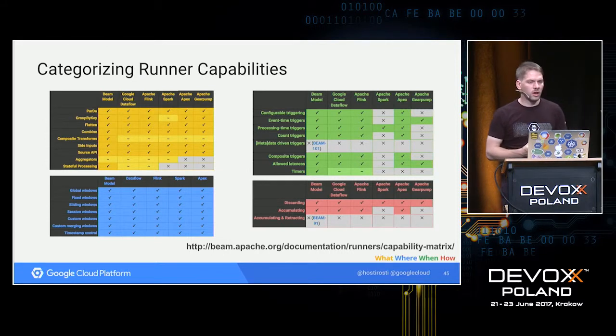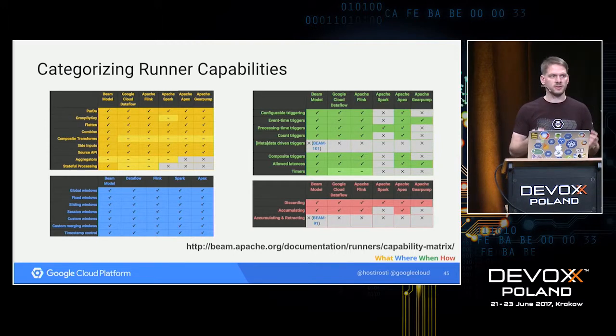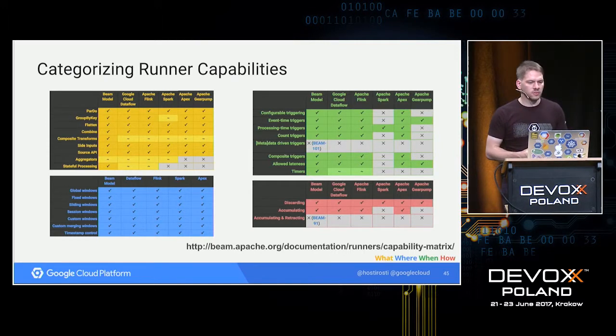Now, I mentioned that Apache Beam pipelines can run on different runners. The ones that are supported right now are Flink, Spark, Apex, Gearpump, and there are more in the pipeline. And of course, you can also run it on Google Cloud Dataflow.